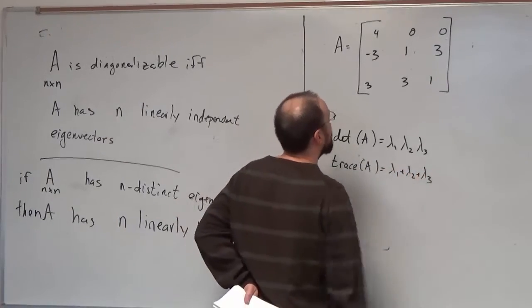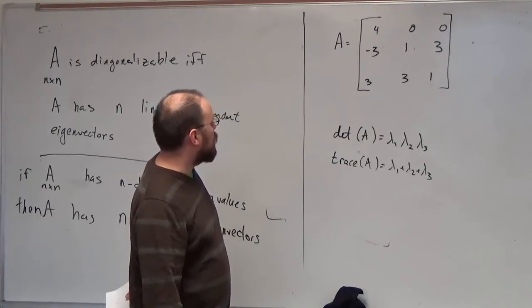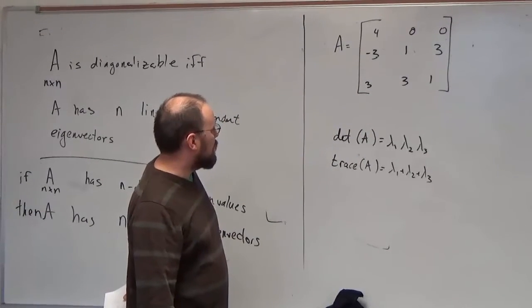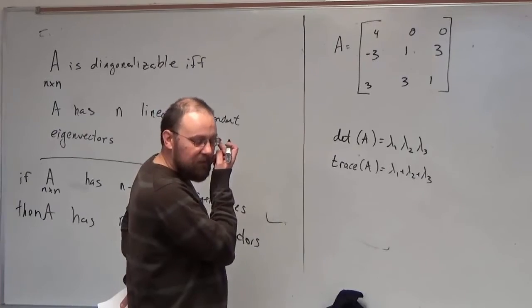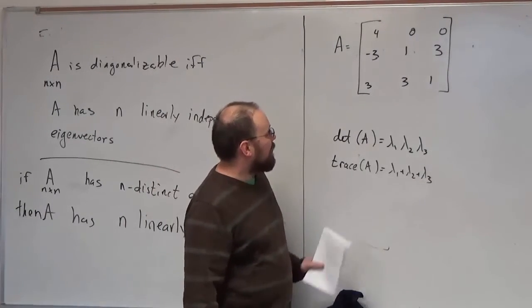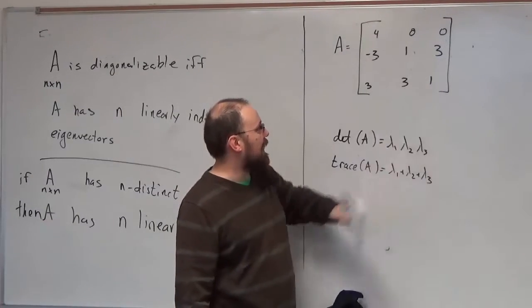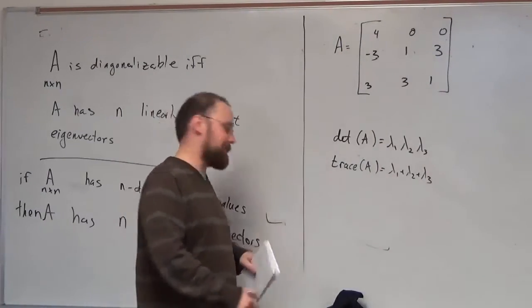So it's interesting. The product of the eigenvalues is the determinant, which is 4 times -8, so -32. And the sum of the eigenvalues will have to be the trace, so you add the diagonal, and that should be 6. That's interesting.